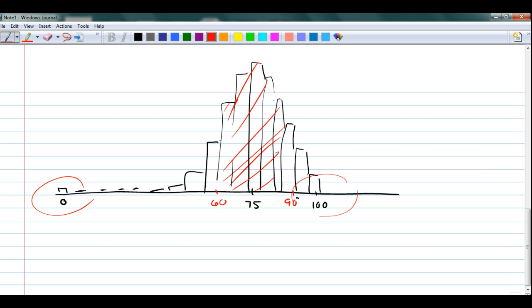But that's not as big a range as my actual population has. So when I calculate my standard deviation on a sample, it's going to be far less spread out than on my actual population. We have to compensate for that.